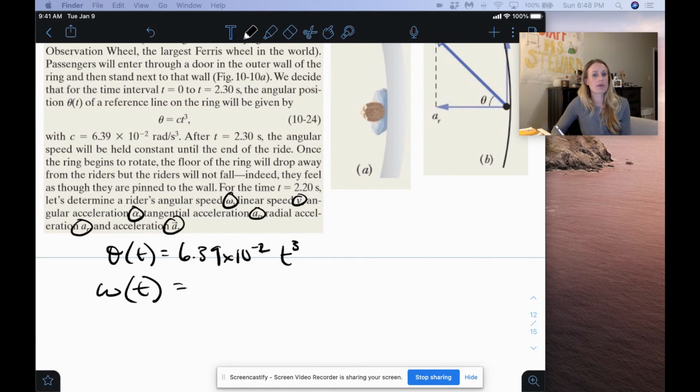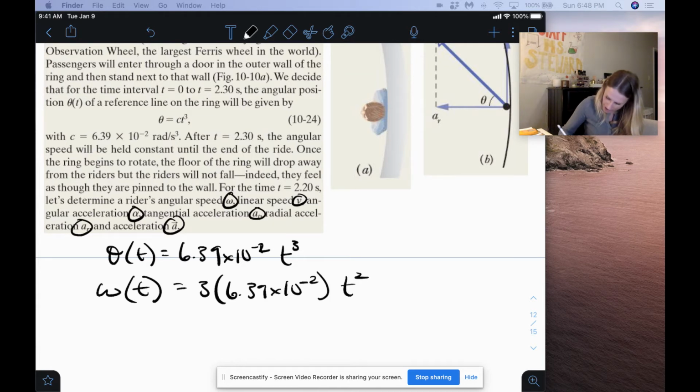When we take the derivative, I'm going to take that 3 on the t cubed, multiply the thing before t by 3, and then subtract 1 from the exponent. So we end up getting 3 times 6.39 times 10 to the negative 2 times t squared.